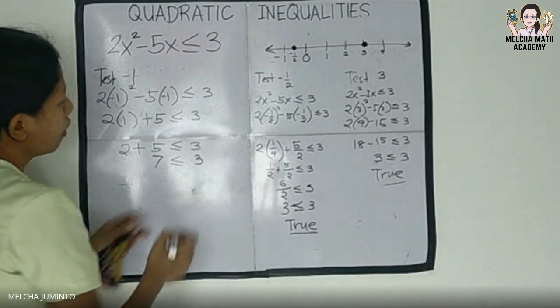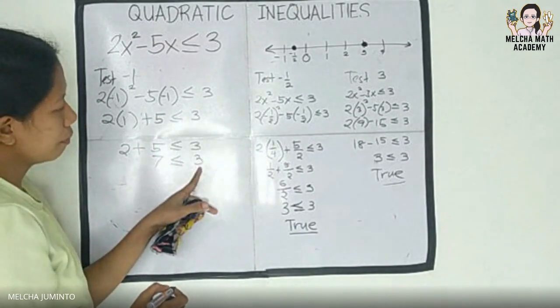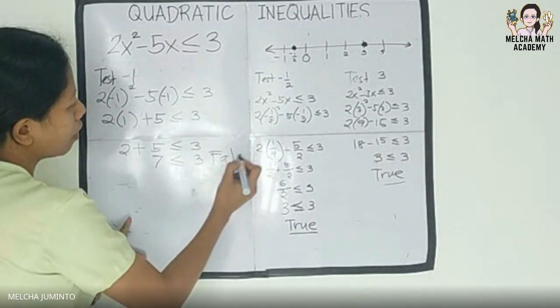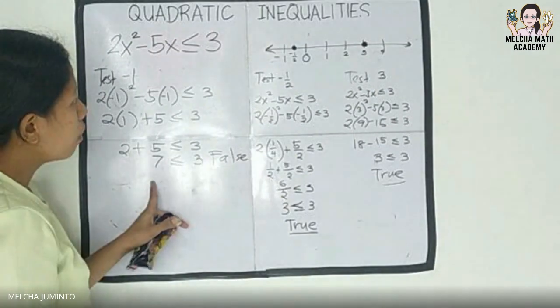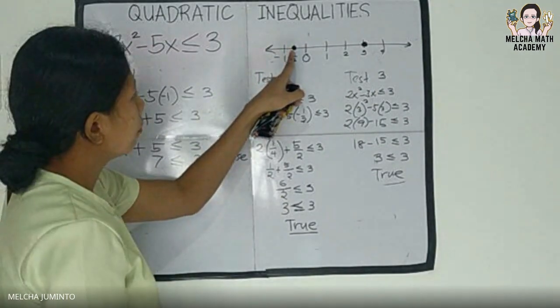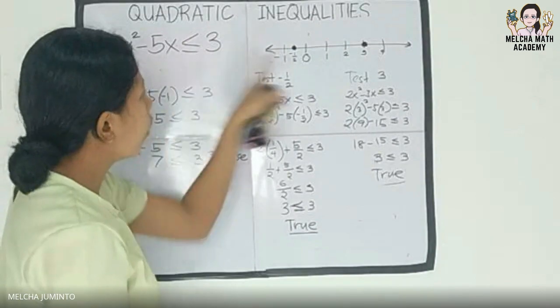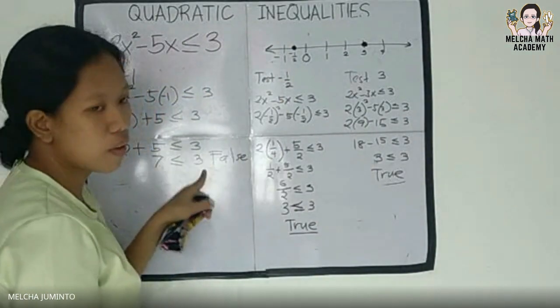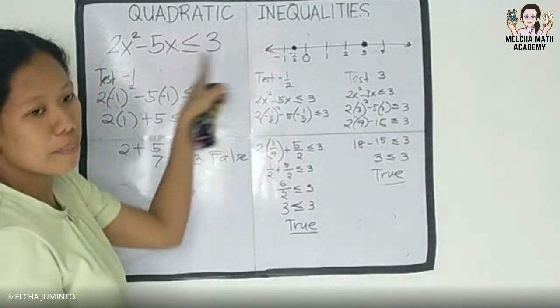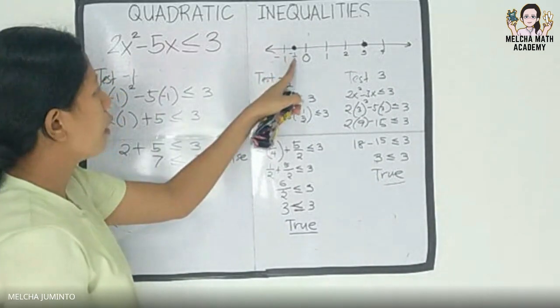Is 7 less than or equal to 3? The answer is false. Okay, since this is false, do not shade the area to the left of negative 1/2.